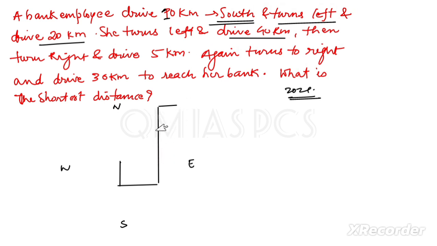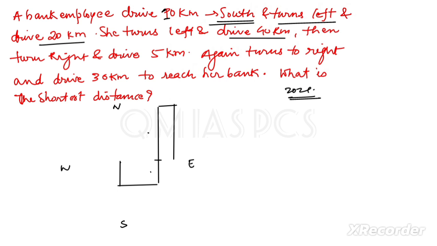This complete is 40, and if you measure from this point, this is 30 kilometer. This complete is 40 and this point is 10 and this point is 30. So if you are asking about the 30 kilometer drive to reach her bank towards the right direction, from this point this will be 30.